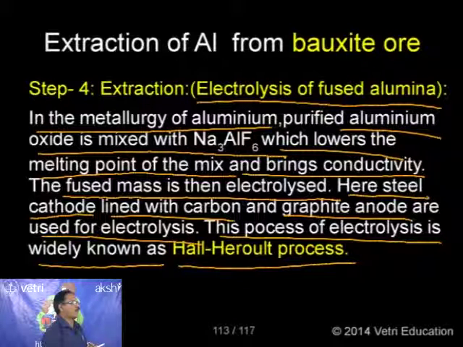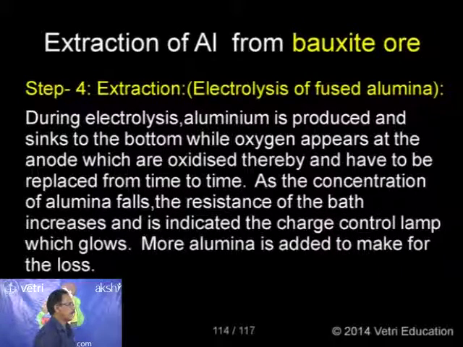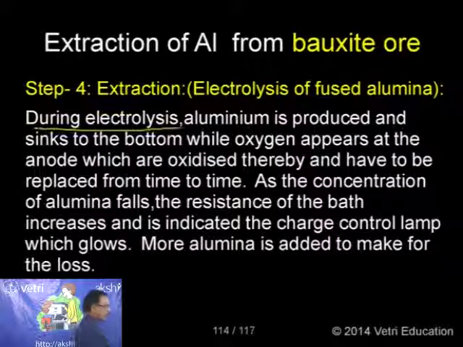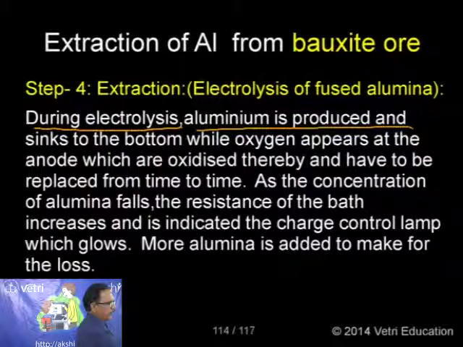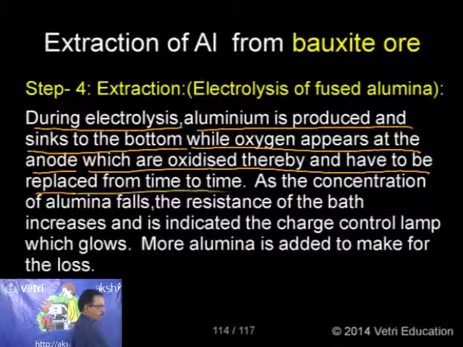During electrolysis, aluminum is produced and sinks to the bottom, while oxygen appears at the anode, which is oxidized thereby and has to be replaced from time to time.